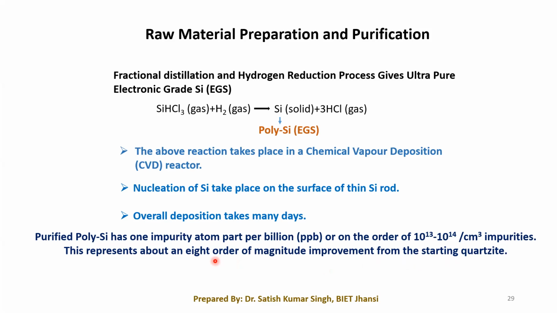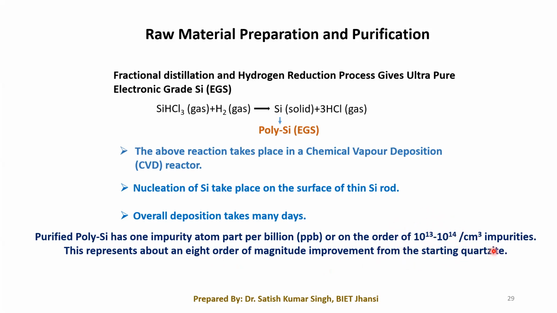It means that when we had the quartzite, it was containing around 10 to the power 22 impurities per centimeter cube of silicon. So from quartzite at 10 to the power 22, it has now reduced to 10 to the power 14 per centimeter cube. You can see how much reduction we have achieved.